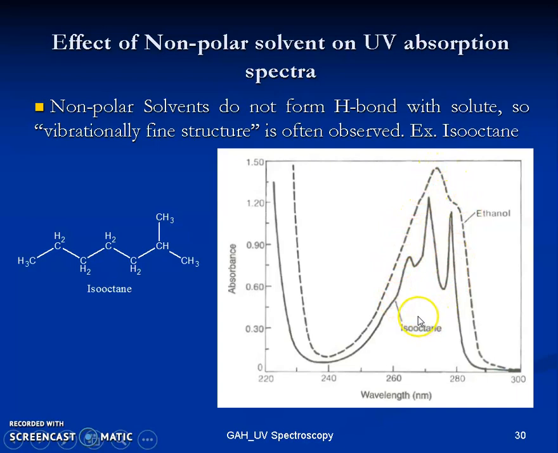Whereas the same compound, if I have taken in isooctane, which is a non-polar solvent, I will come to this non-polar solvent right away in this slide. You can see there is a lot of detail in the spectrum if I take the same solute in the non-polar solvent. If I take the same solute in the polar solvent, I miss a lot of detail in the spectrum. So we call this a broad peak, or we lose this vibrational fine structure.